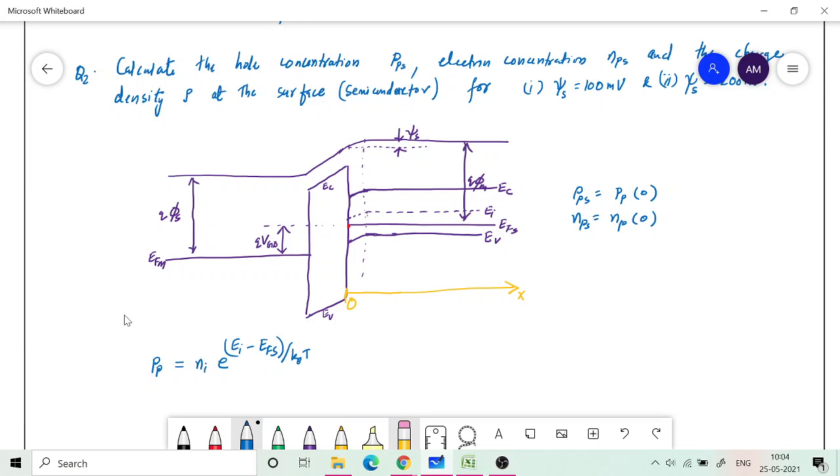Now, if you want to find PP of 0, then instead of PP in the bulk, you have to substitute PP of 0. So then you have to use EI of 0. We are using the general relationship, but now for the point EI of 0.